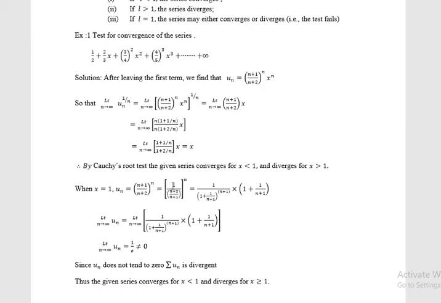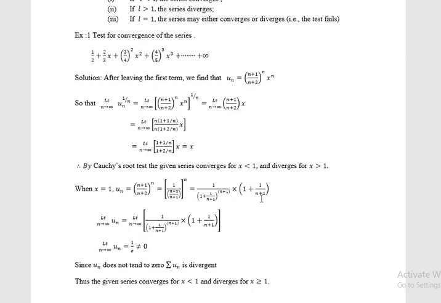We can write the term by taking the numerator into the denominator, that is 1 divided by ((n+2)/(n+1))^n. In the denominator, (n+2)/(n+1) can be written as 1 + 1/(n+1), raised to power n, which by simplification is (1 + 1/(n+1))^(n+1) into 1/(1 + 1/(n+1)).